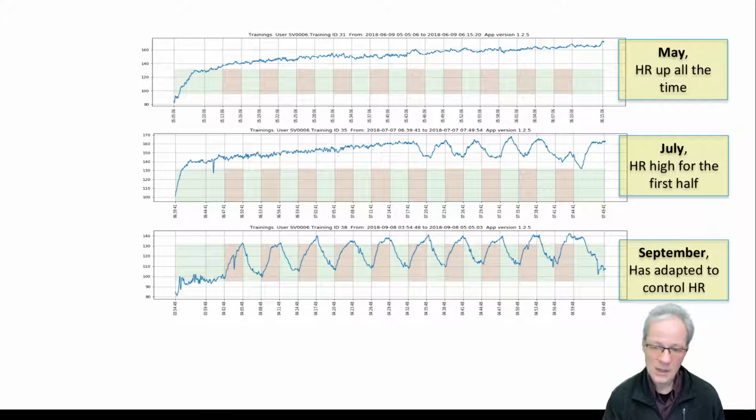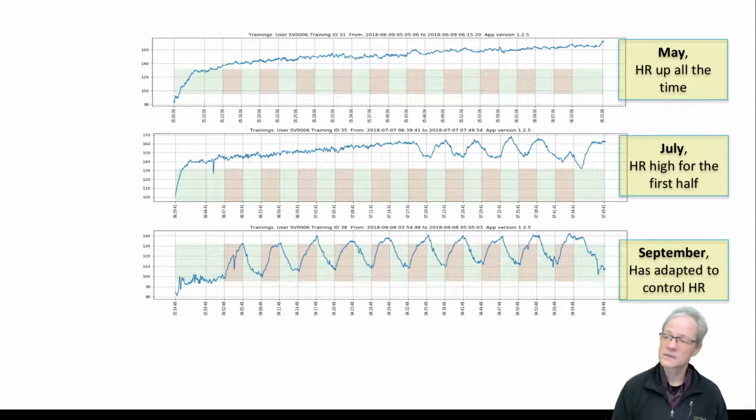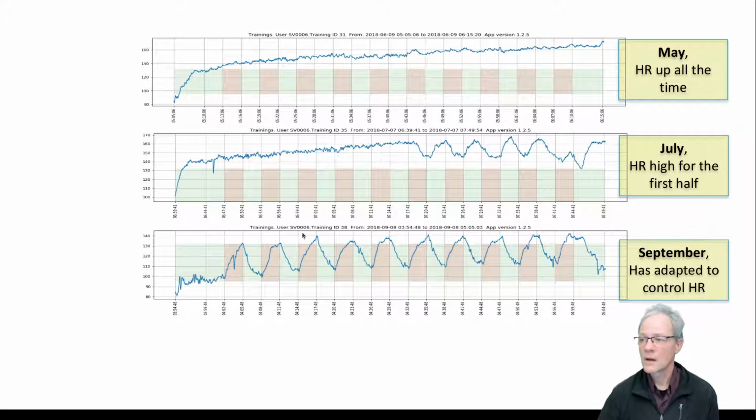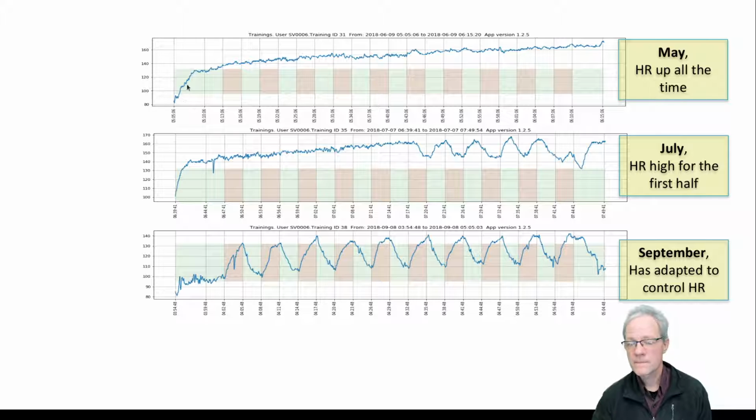All right. We also discovered interesting things. These three graphs are for the same person. In May, there was the case when the heart rate would go up and it would stay very high for this person. So the person could not really drop the heart rate to the minimum level for whatever reason.